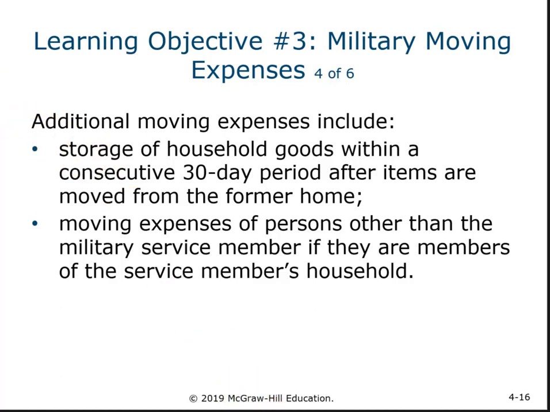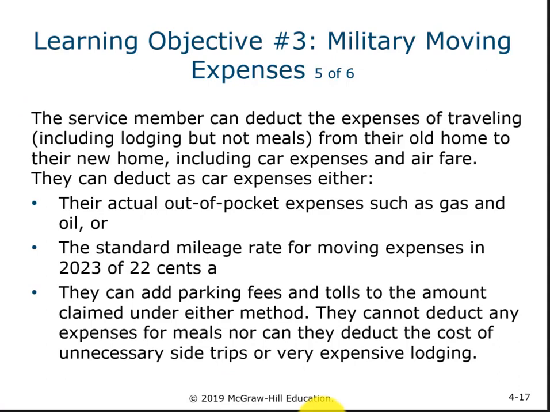If they drive, the car expenses are calculated. You can figure out exactly what the out-of-pocket costs of gas and oil are, but that seems very difficult. So they give you a standard mileage rate for 2023, and this is just each year based on the cost of operating a vehicle, 22 cents for every mile.